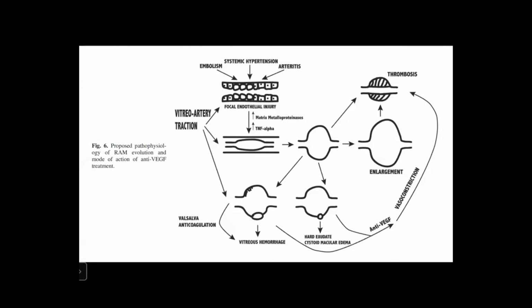It can lead to macular edema resolution and accelerate the resolution of the RAM lesion. And we think it has a useful role as a novel way of managing the hemorrhagic and exudative complications in a patient who has a RAM and is getting vision loss.